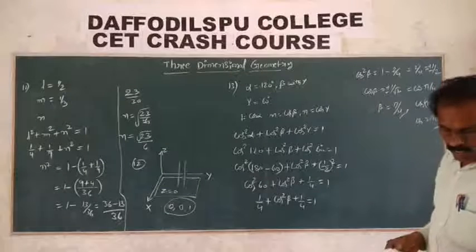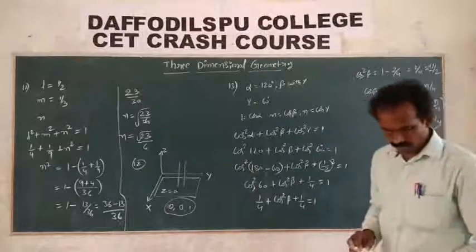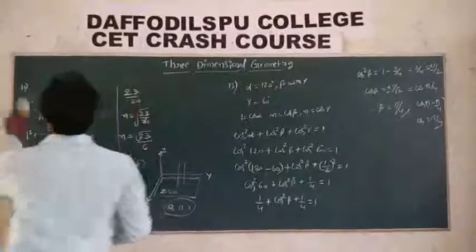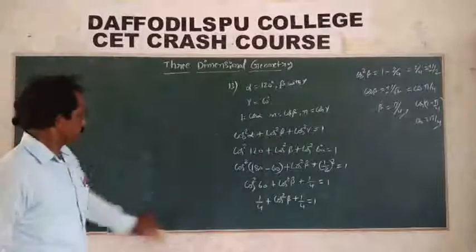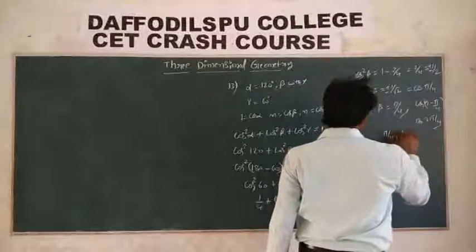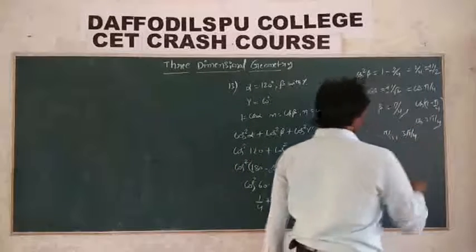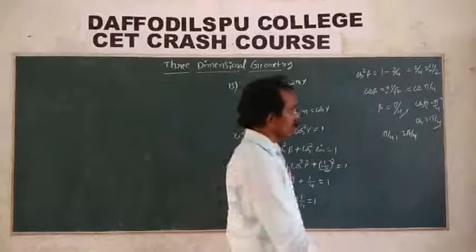Therefore the 3 pi by 4 value is equal to 135. So pi by 4, comma, 3 pi by 4. That is 45, comma, 3 pi by 4 value, 3 into 45, 135.